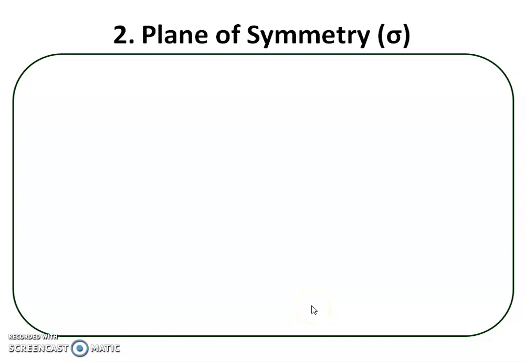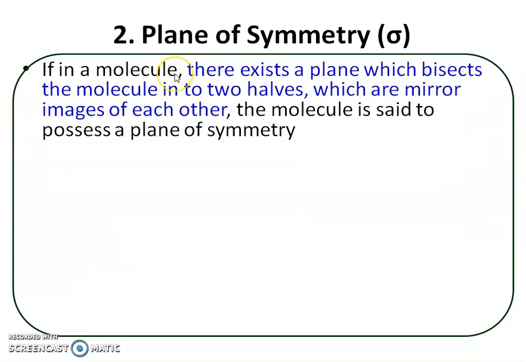Now the second symmetry element, that is the plane of symmetry, denoted by sigma. Now what is a plane of symmetry? If in a molecule there exists an imaginary plane which bisects the molecule into two halves which are mirror images of each other, then the molecule is said to possess a plane of symmetry.